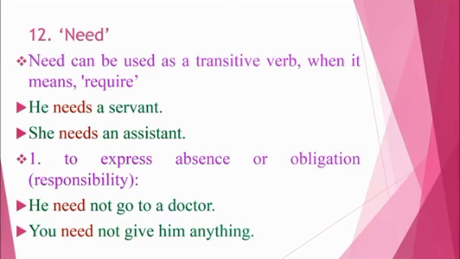So, what is meant by obligation? Obligation means responsibility. Now, let's see some example sentences. He need not go to a doctor. The next example sentence is, you need not give him anything.